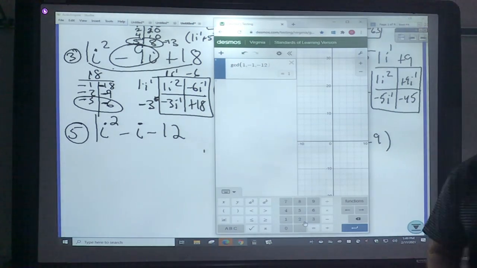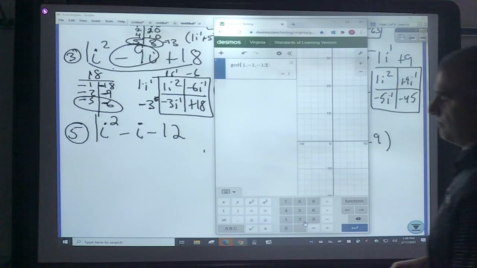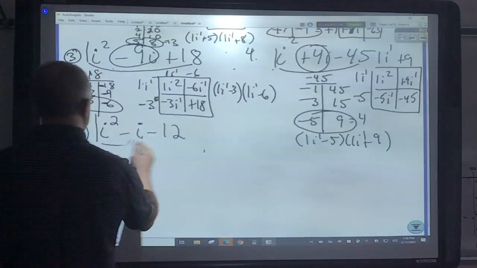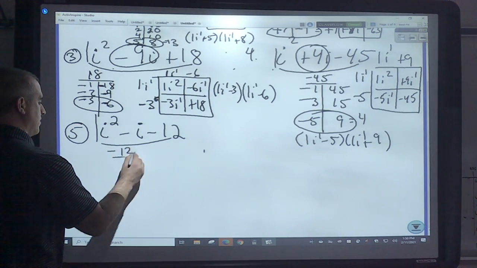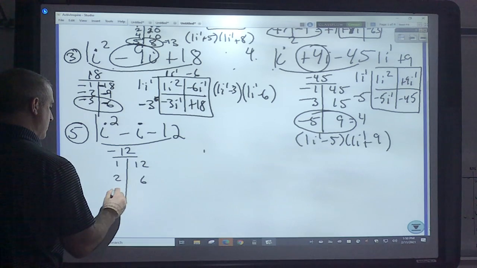Automatically, if you see a 1 in there, you know that there's no number GCF, because nothing else goes into 1. Once again, if you need to do this every time, that's fine. 1 times -12 is -12. That's going to be 1 and 12, 2 and 6, 3 and 4.